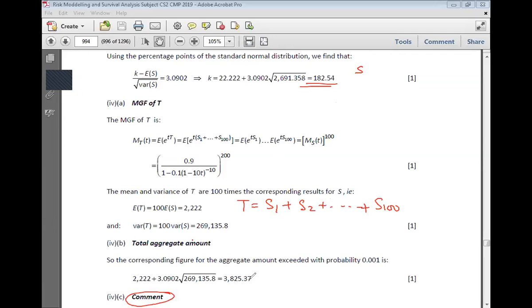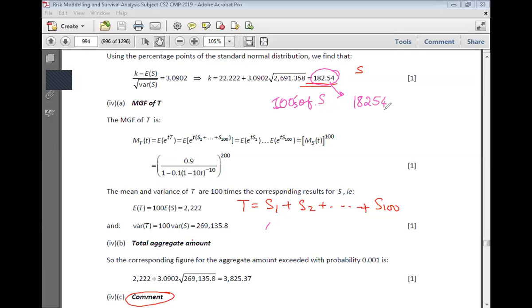But the sensible thing to compare would be 100 of S and 100 different S's. So basically, if you figure out the variance of hundreds of similar S's, it would be 18254, right?